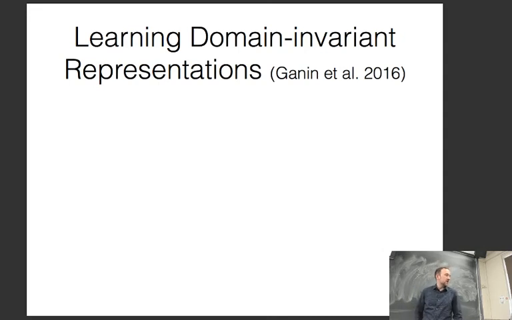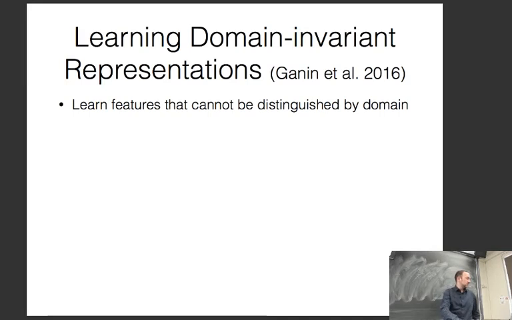One example of this is a recent paper, but it's actually quite popular now as a way to do things. Basically, if we want to do sentiment analysis or some sort of classification over a whole bunch of different domains, we don't want our model to be fooled by specific words in that specific domain.